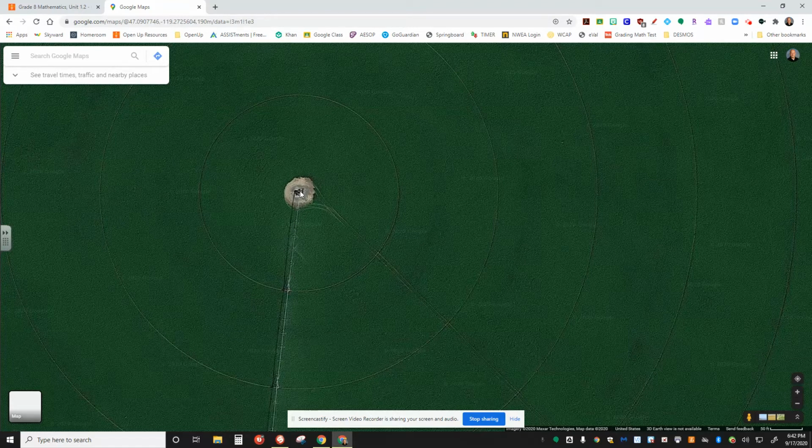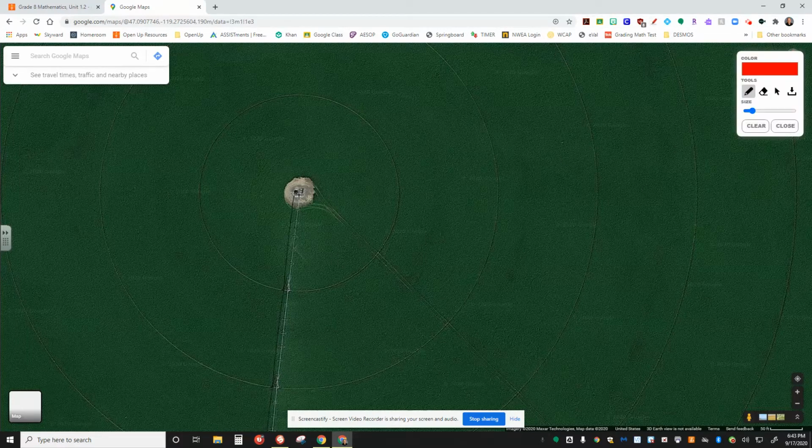So the distance from this center to this point never ever changes. It will always remain the same. Again, just to reiterate, this distance from here to here will never ever get longer or shorter. Pretend that's a straight line for me.